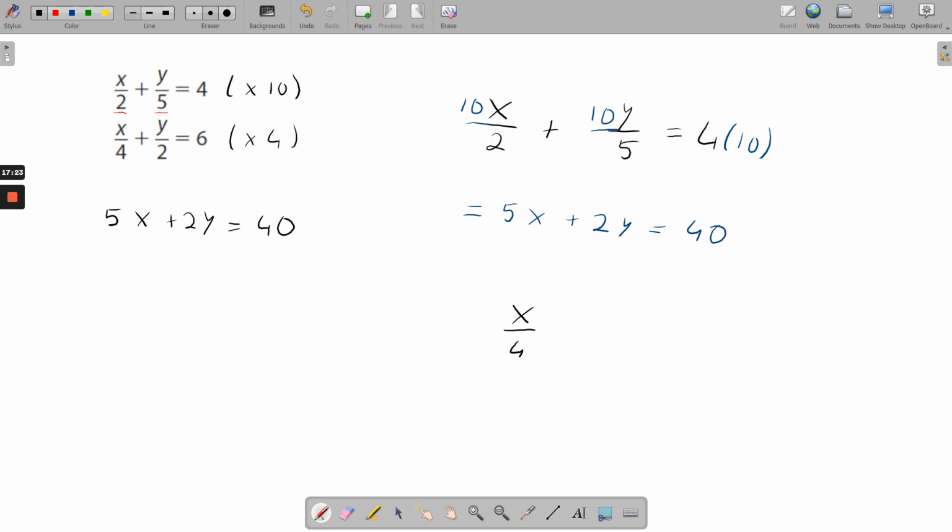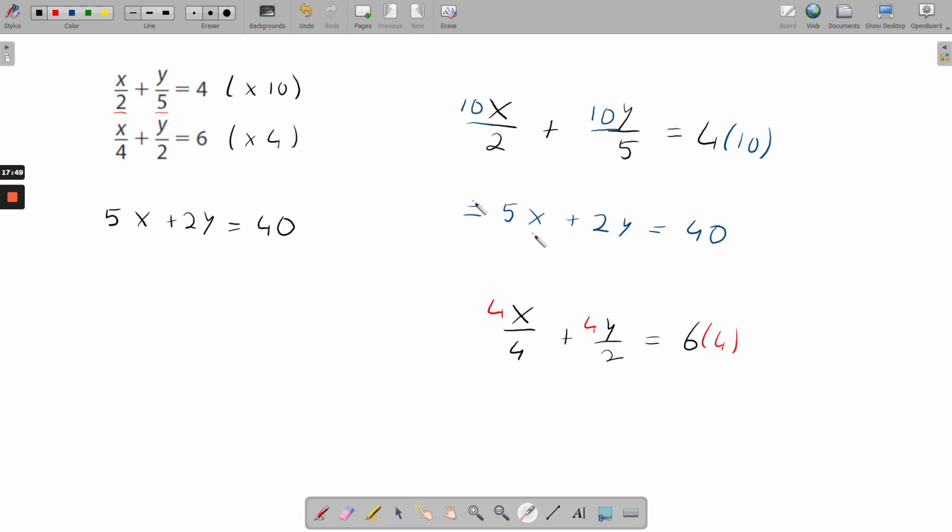So x over 4 plus y over 2 is equal to 6. Again, we're going to multiply across, and I'll do it in red this time. Multiply across by 4 here, and then multiply by 4 here. You can see the 4 is going to divide into 4, we'll be left with x, and then the 2 divides into the 4, we're left with 2y.